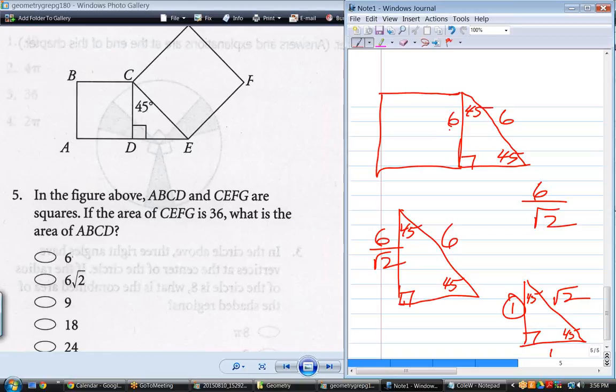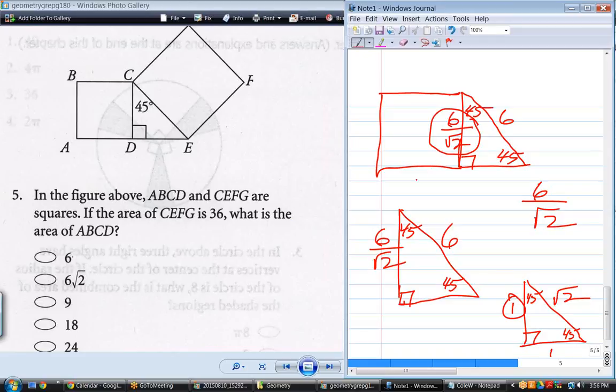Now notice something. I did not rationalize that. Any idea why? Well, because they want the area of this square. So I'm going to take this number that I got. That's not my final answer. My final answer is that number squared.